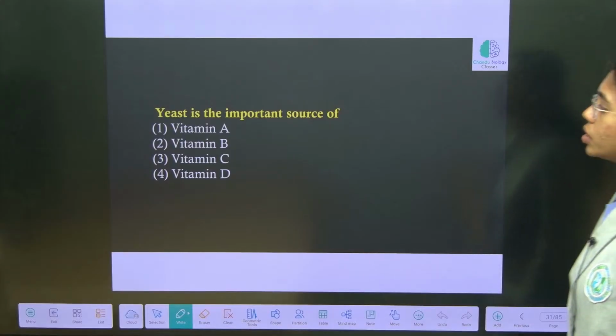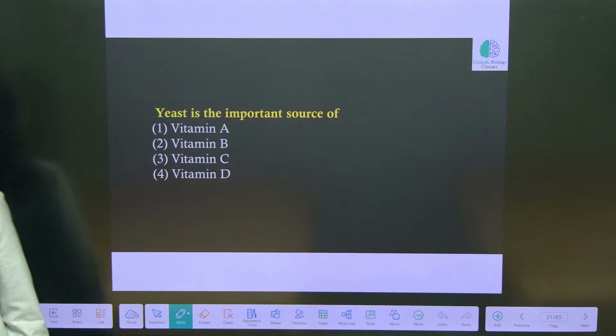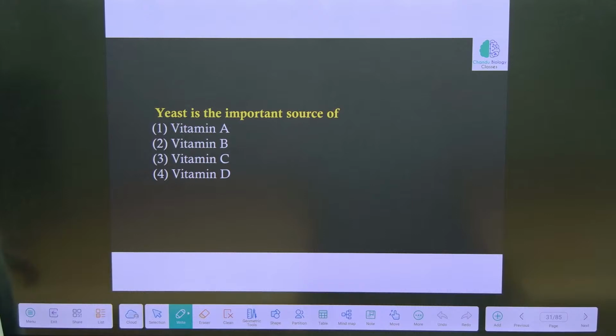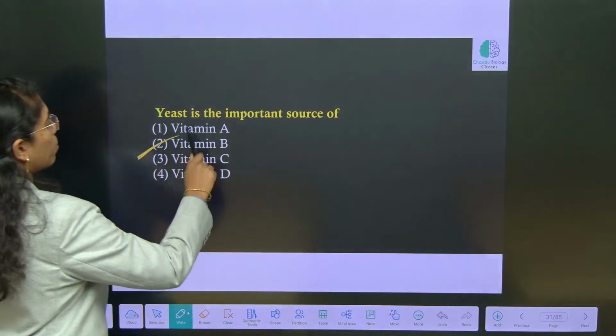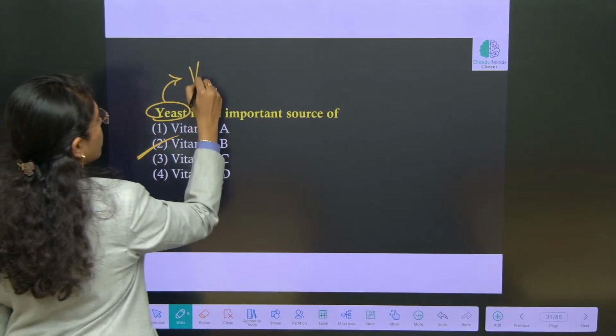Next, yeast is important source for what vitamin? The answer will be vitamin B, because yeast is rich in vitamin B complexes.